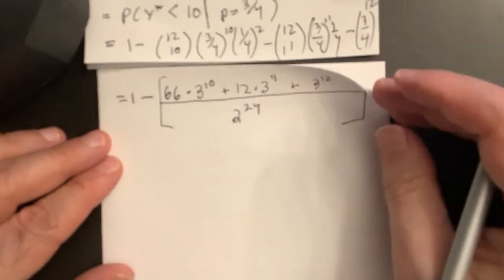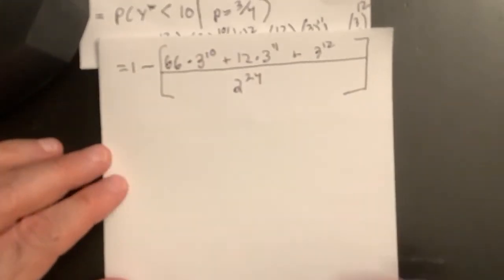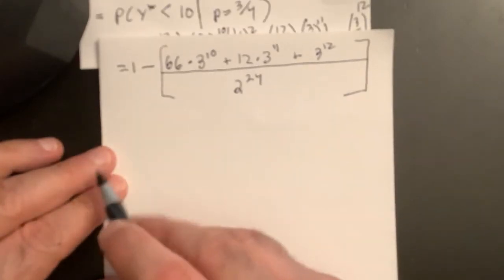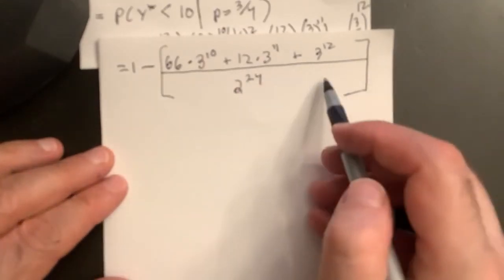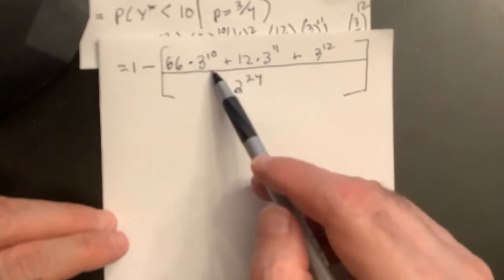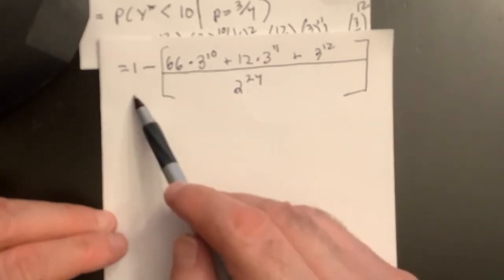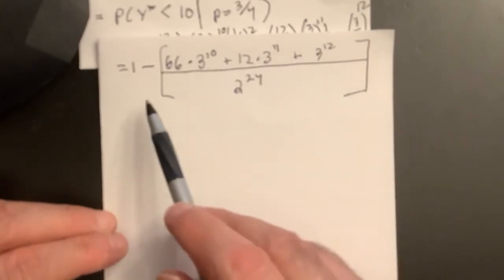And in R, you can use the command pbinom. So pbinom would tell you what this is, right? It's a CDF.